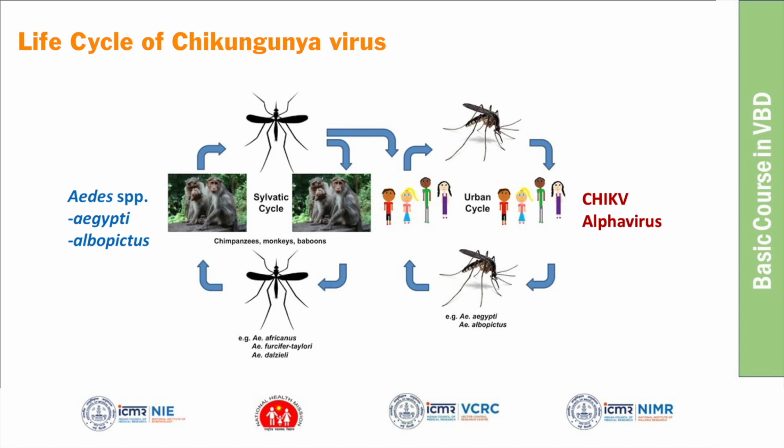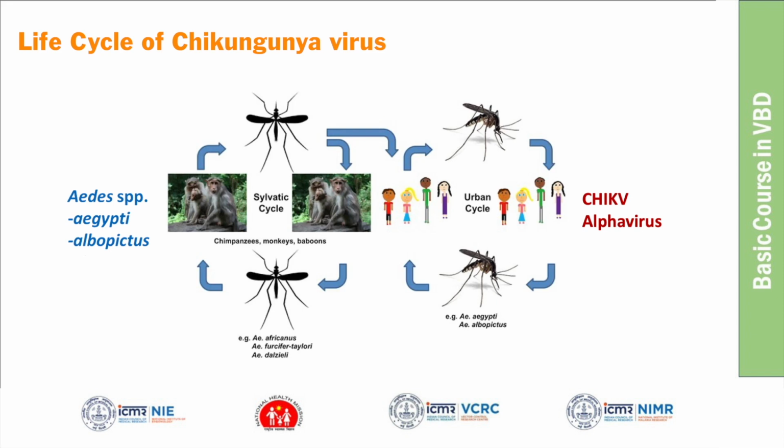Chikungunya is actually an African virus which was first reported in 1957 in Uganda. And chikungunya means that bent posture. And it causes a lot of myalgia and pain in the joints. And this virus is transmitted by, again, the same vectors, Aedes aegypti and Aedes albopictus.